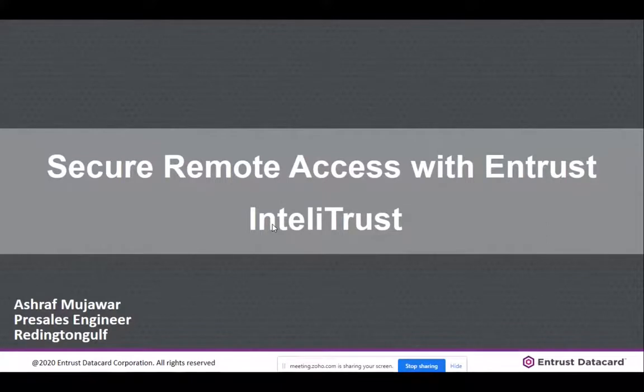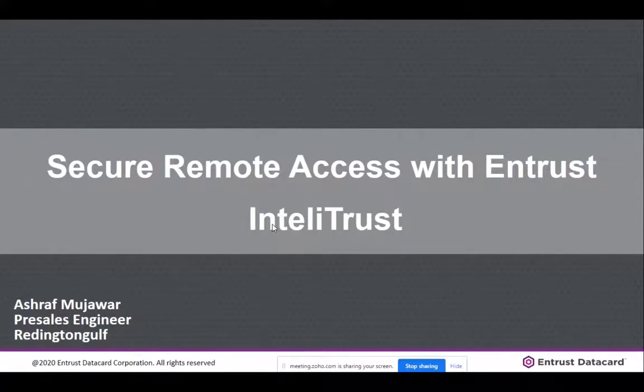So the main topic we have chosen is how you can assign secure remote access using Entrust Intellitrust. This topic is specifically chosen by understanding today's situation where everybody is working from home. Yes, some people have started working from offices, but there are still a considerable number of people working from home.